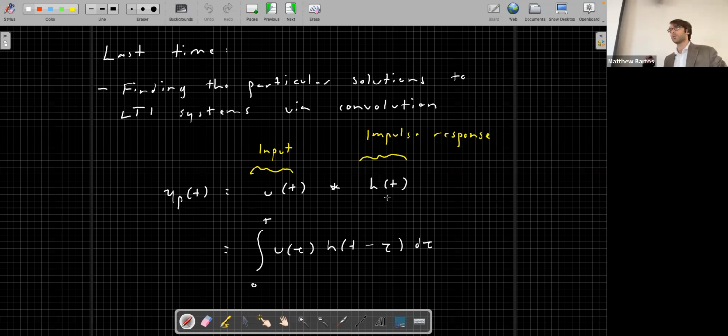We have the impulse response of the system, which characterizes the response of the system to an impulsive input, which we defined. And we showed that when you convolve those two together, you can get the particular solution, or the response of the system to any arbitrary input, okay? And convolution we defined via the following convolution integral.